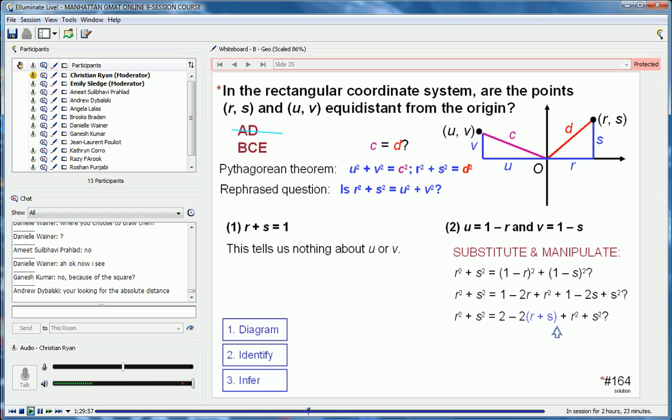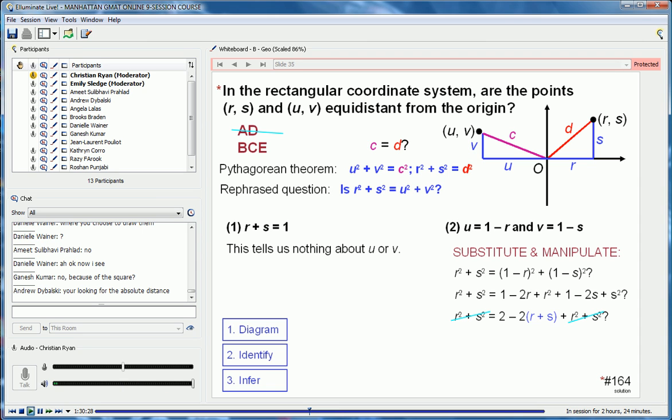And the reason why that's useful is that we're kind of halfway thinking towards statement 1. This statement by itself doesn't get us down to r and s by themselves. And notice those r squareds and s squareds cancel pretty fast. We get those guys gone, these guys gone, and we get: is 0 equal to 2 minus 2 times r plus s?